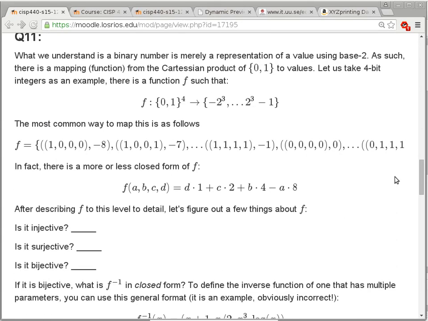Question number 11. This is the last one. What we understand is a binary number is merely a representation of a value using base 2. Okay. Now this is kind of important, because a lot of times we tie in the representation of a value with the value a little bit too much. Okay.